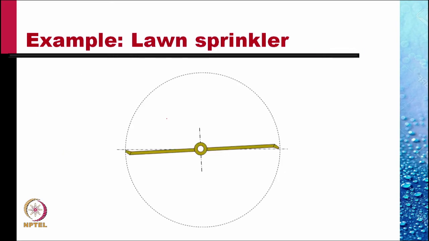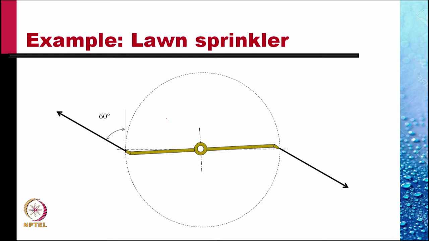We apply this law to a very simple example. Consider a lawn sprinkler. It consists of two arms rotating about a central pivot, a frictionless pivot. There's water coming out at 60 degrees to the arm, and because of this water coming out, the arm rotates.